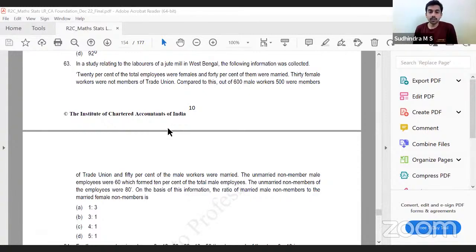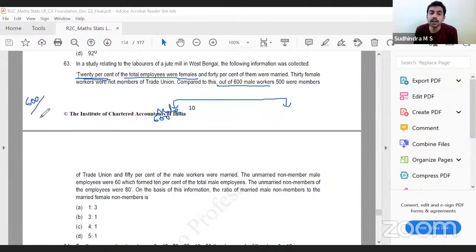Okay, so what have they given us? 20% of the total employees were female, right? Then they have given us out of 600 male employees. So if 20% of total are female, 80% is male. So if I have 600 male employees, which is 80% of it, so 600 divided by 80%, I get 750, which is total number of employees.